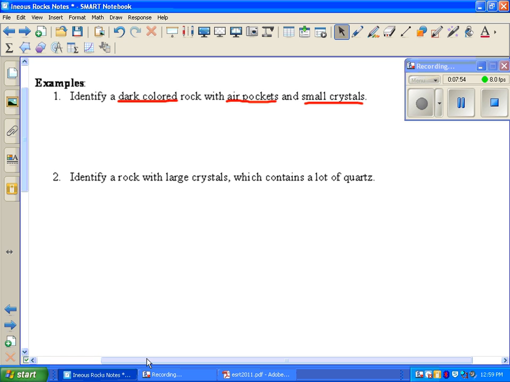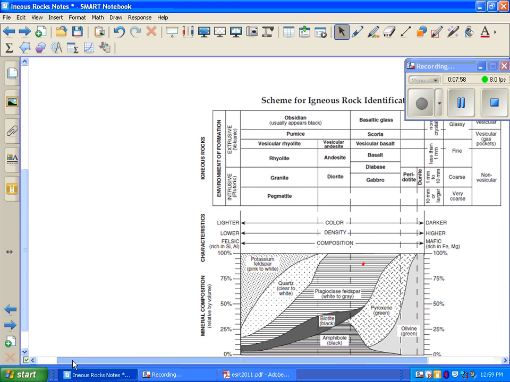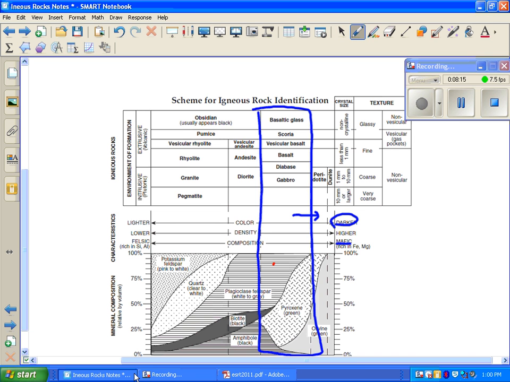So we just look at that reference table. We said dark-colored, so dark-colored's over here. It's going to be a mafic rock, so it's going to be on this side. So I know it's going to be in this column right here.